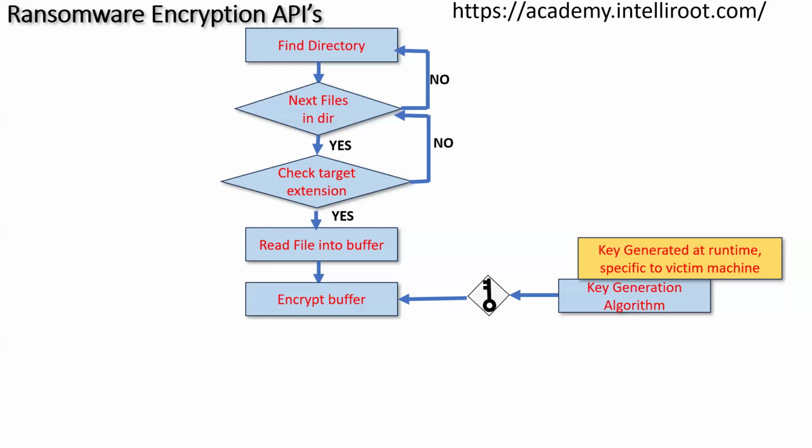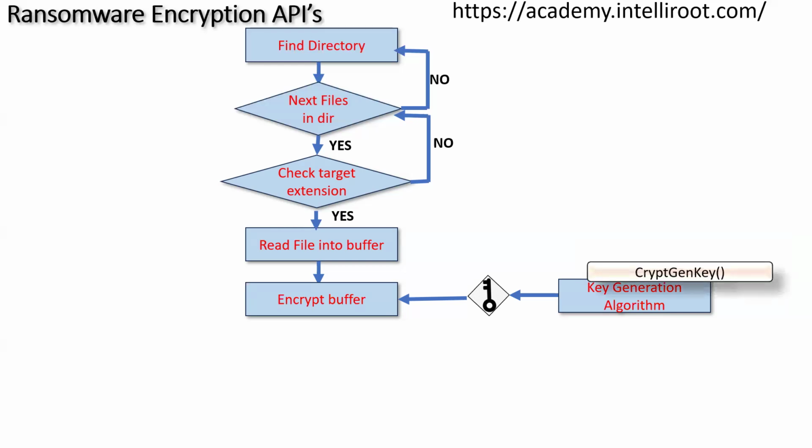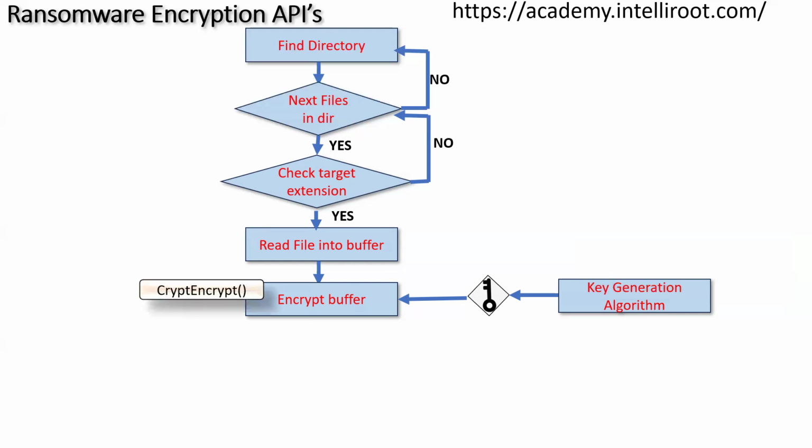That means the ransomware generates a different key for different victim machines. And in order to generate the encryption key, the ransomware can use APIs like CryptGenKey. And after getting the key, the ransomware can use the API CryptEncrypt to encrypt the buffer.